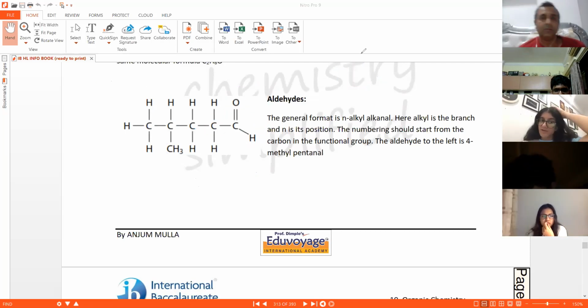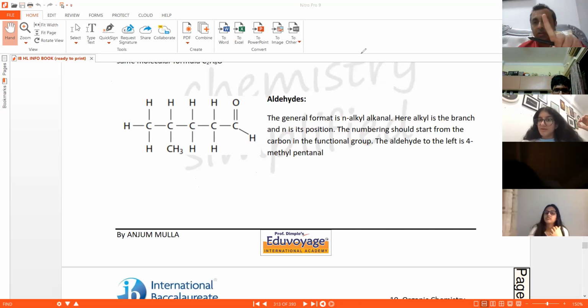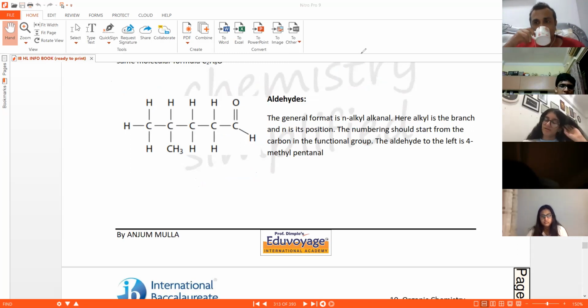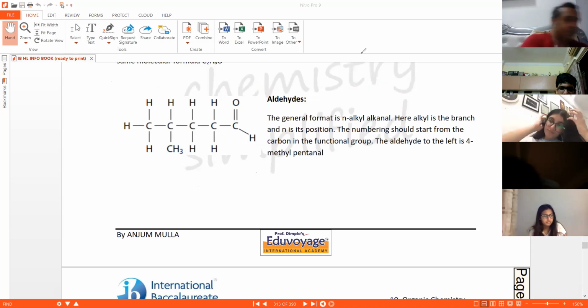So won't you write the number where the functional group is? Functional group CHO का जो C होता है, that is the first carbon always. That has to be the first carbon. In ketone, what you're thinking happens.